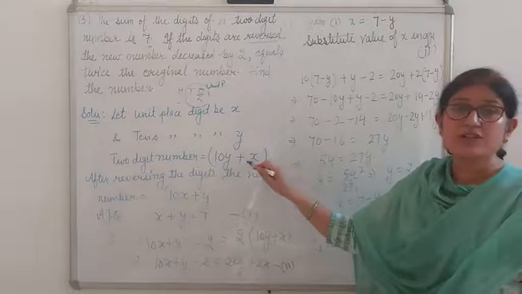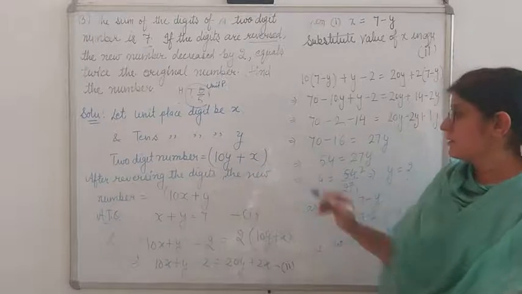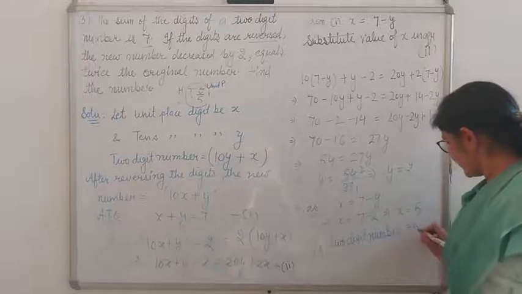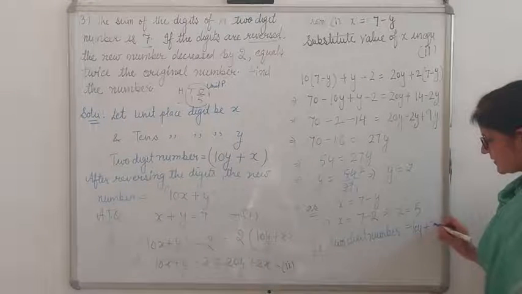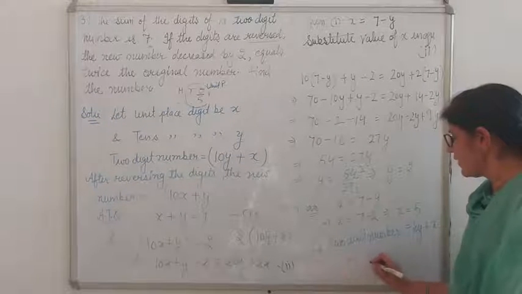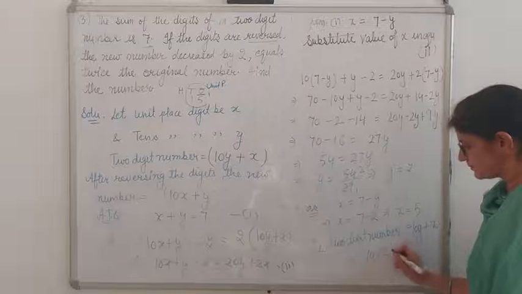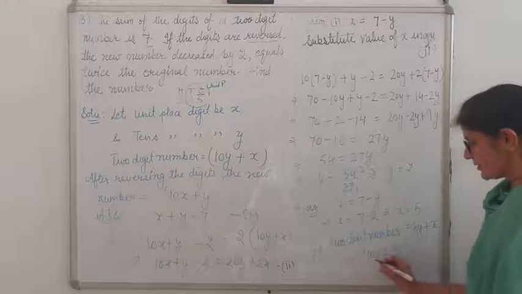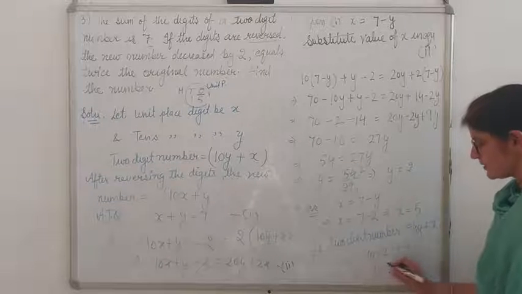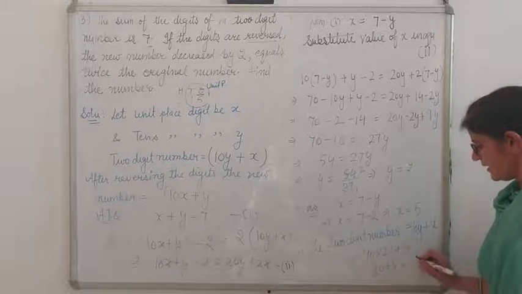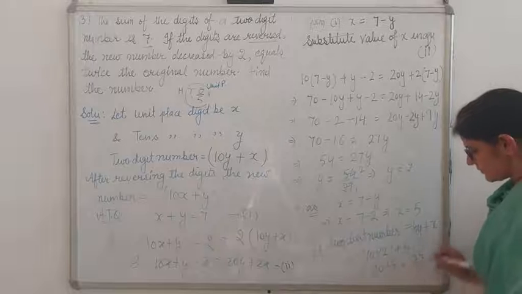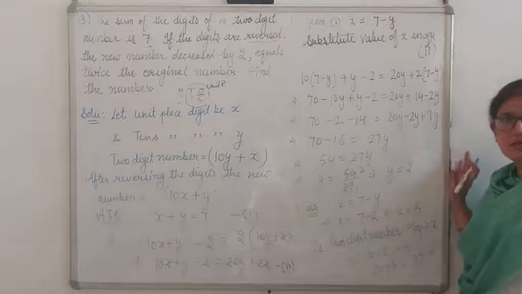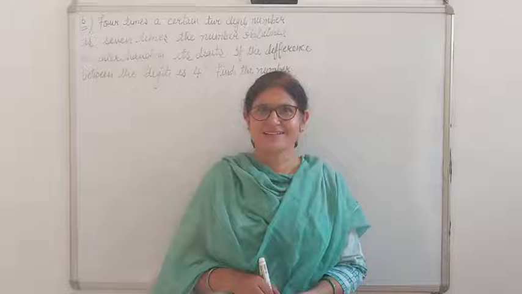We take the original number, not the new one. 10y plus x. 10 into 2, sorry, x is 5. So 20 plus 5, 25. This is your answer and this is the solution.